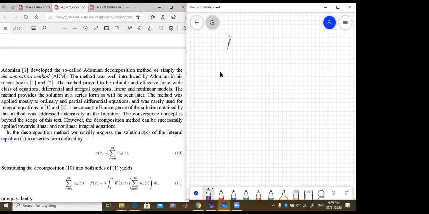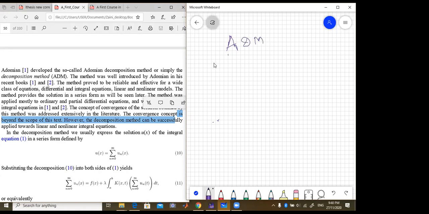I think something is wrong with my pen today. What happened? Why doesn't it move well? Okay, ADM, Adomian decomposition method.